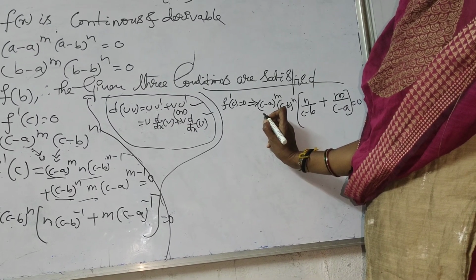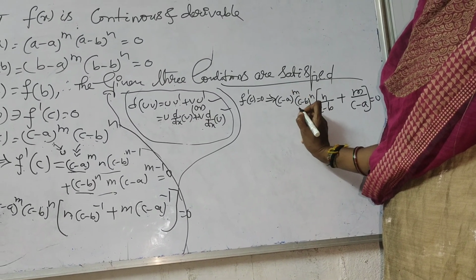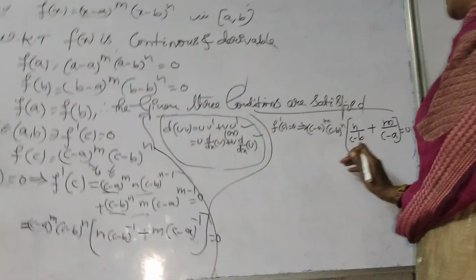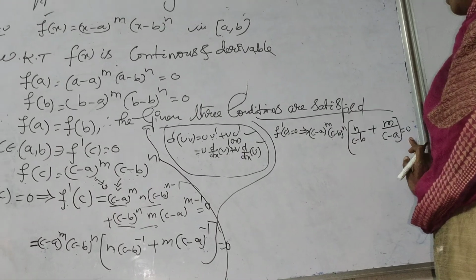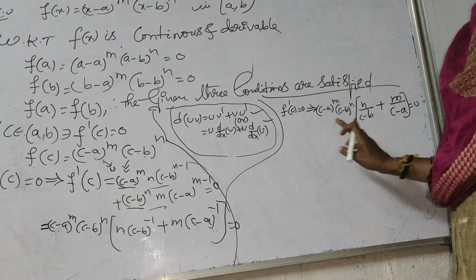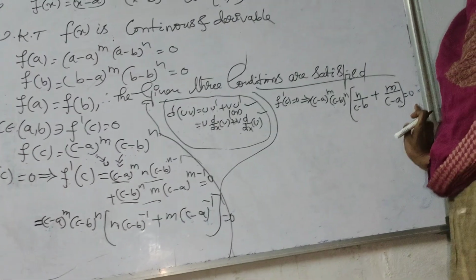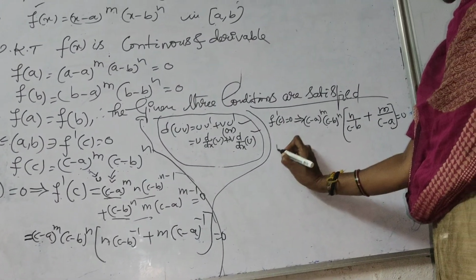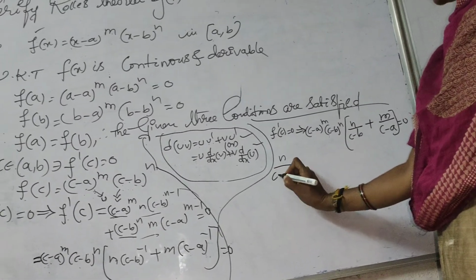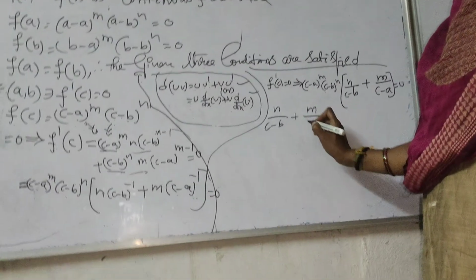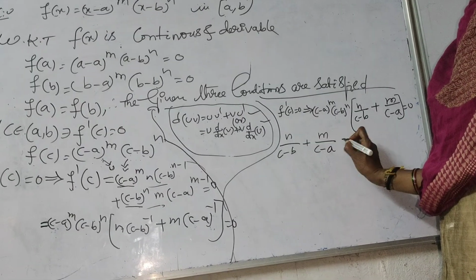Here is the multiplication of C minus A whole power m into C minus B whole power n. After we transpose to the RHS, we get 0 by C minus A whole power m, C minus B whole power n, that is 0. Now write n by C minus B plus m by C minus A equals 0.